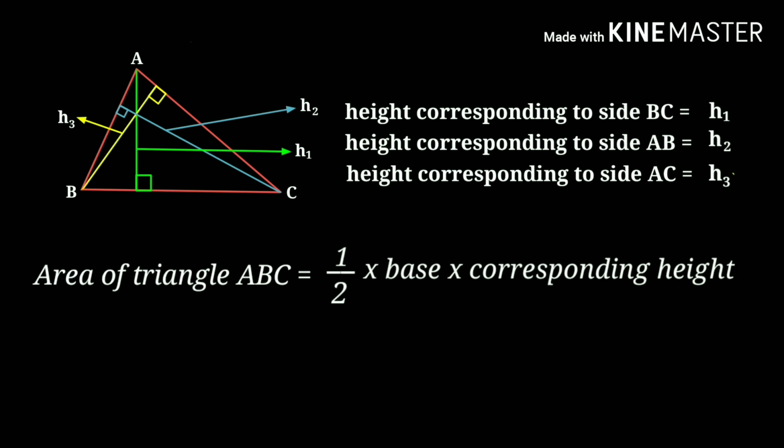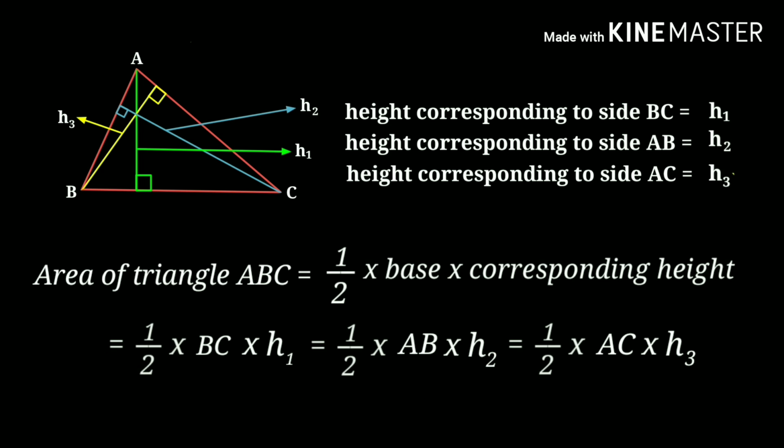As we have already derived that the area of a triangle is equal to half into base into corresponding height, here the area of the triangle ABC can be expressed as half into BC into h1, where h1 is the height corresponding to the side BC. This can also be expressed as half into AB into h2, where h2 is the height corresponding to the side AB, and we can also express the area of this triangle ABC as half into AC into h3, where h3 is the height corresponding to the side AC.